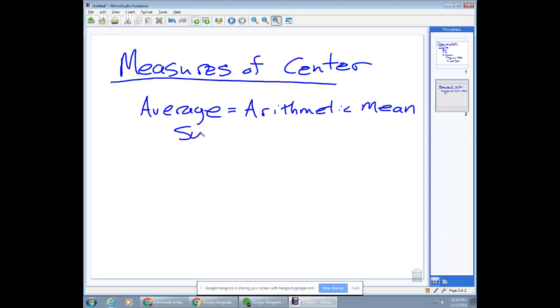That's where we add them up and divide by how many. Not everybody uses the word average the same way. Sometimes when people say average for middle, they mean median. So we're going to play around with median versus average today. And median is the middle when the data is ordered.